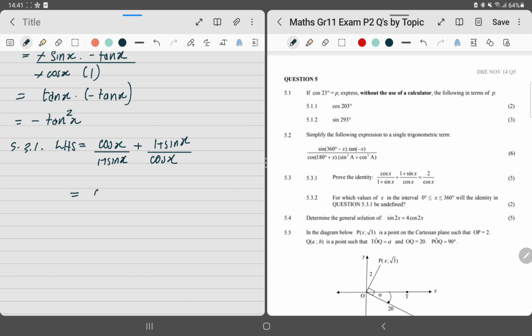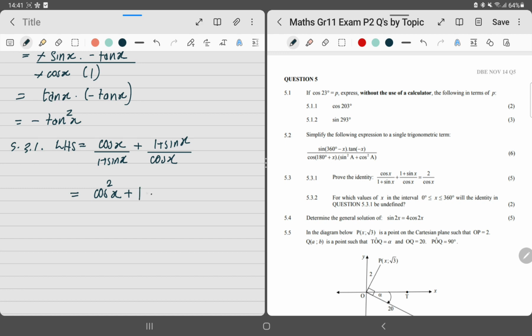So cos times cos is cos squared x, plus 1 times 1, that's 1. Okay, let's just do it step by step.